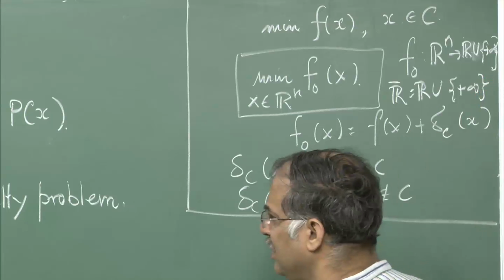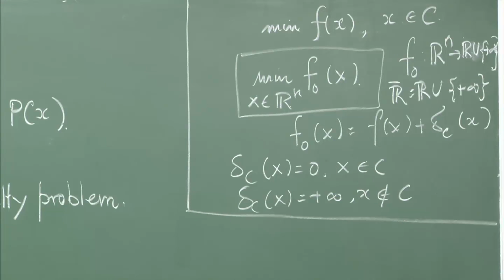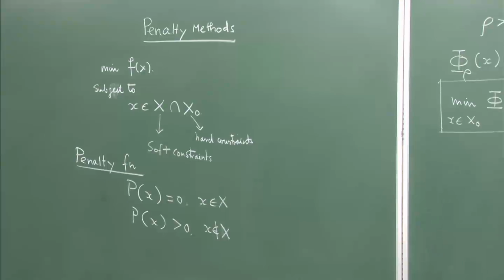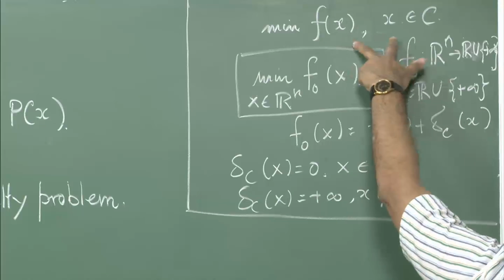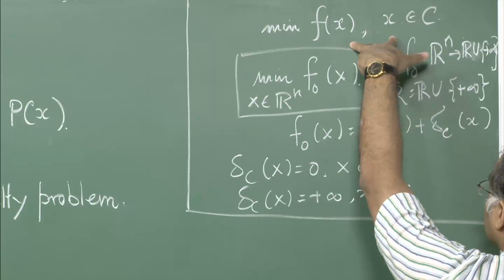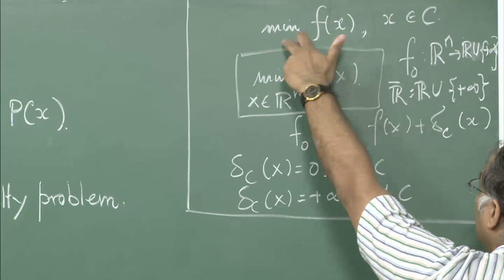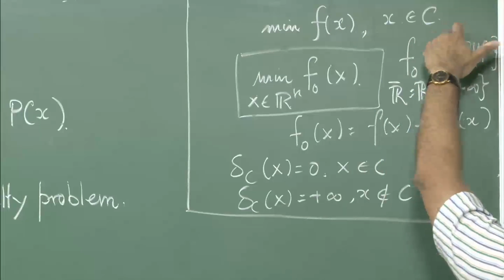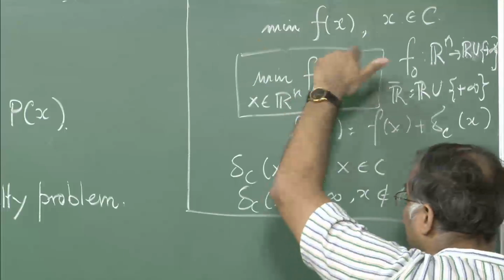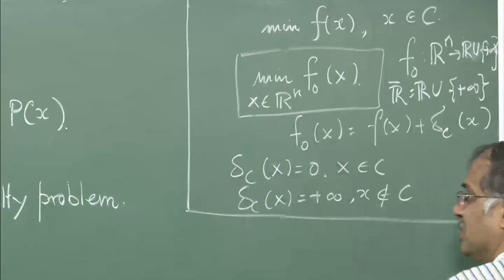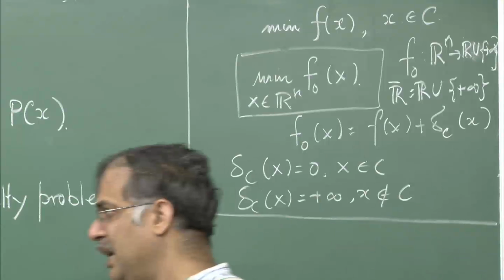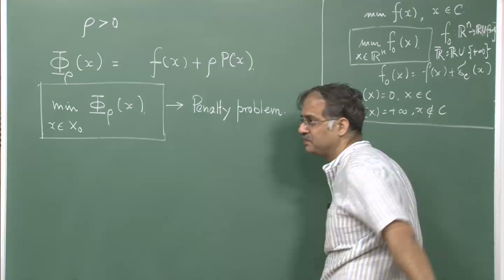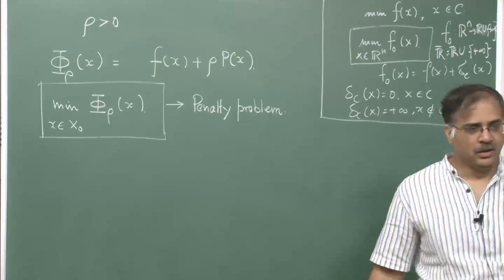That is, I am considering extending the real line by adding the point plus infinity. So, we are now basically talking about extended real valued functions. So, a minimization of a function f over a set C can be viewed as a minimization of an extended valued function over the whole R n. So, this framework actually comes from this penalty function scheme.